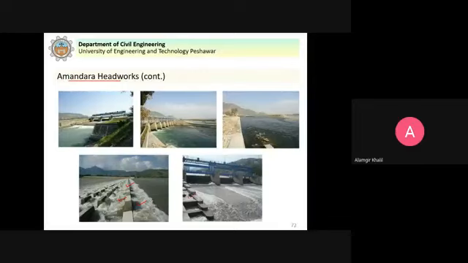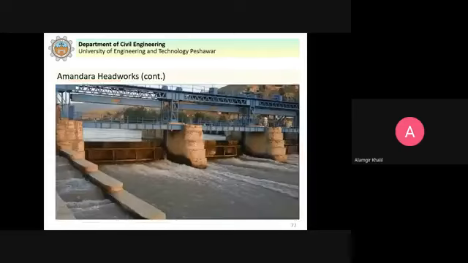You can see here the fish ladder which is provided here, and the water flows over this weir here with the shutters provided here, and this is the canal head regulator. So you can see this video.